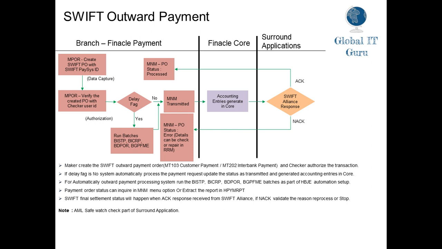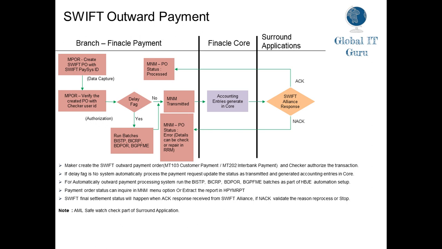Once your batch job is executed, your payment order will be transmitted to the Finacle core, where the accounting entry will be generated. It means the customer account will be debited and the office account, that is a float account or we can say a Swift settlement account, will get credited. It differs from bank to bank.